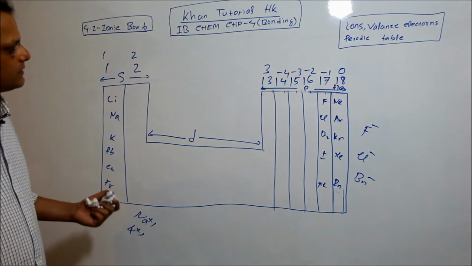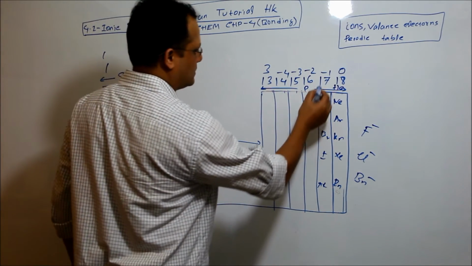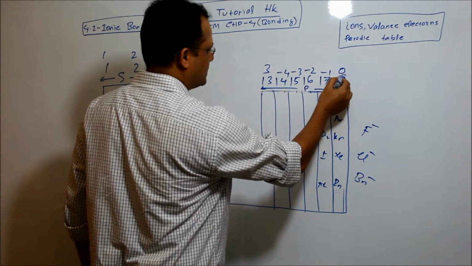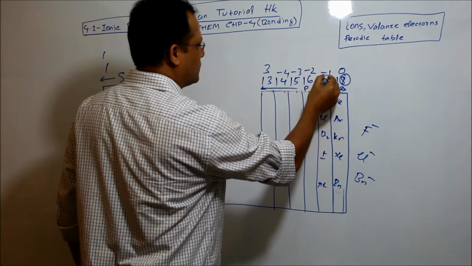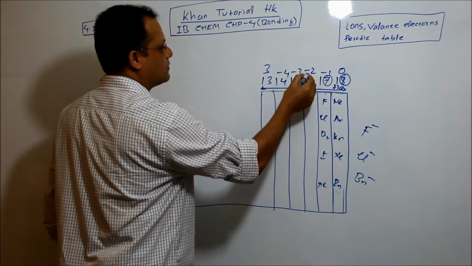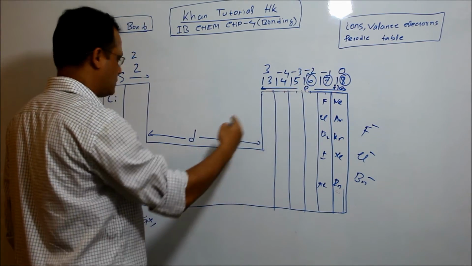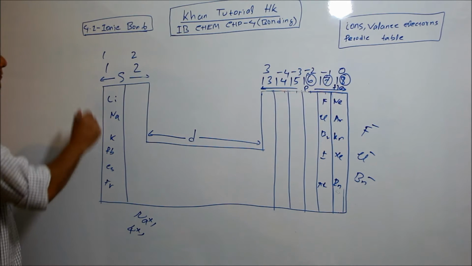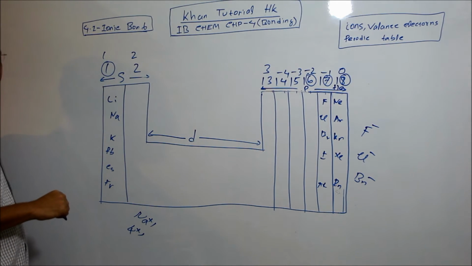How do you know from the periodic table how many valence electrons they have? If you see group number 18, they have 8 electrons in their outermost shell. Group number 17, they have 7 electrons in their outermost shell. Group number 16, they have 6, and so on. Group number 1 means they have 1 electron in their outermost shell.